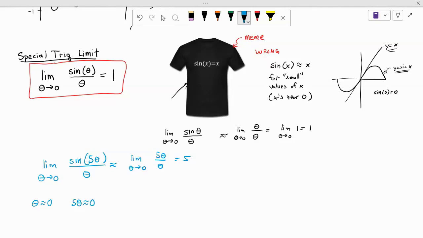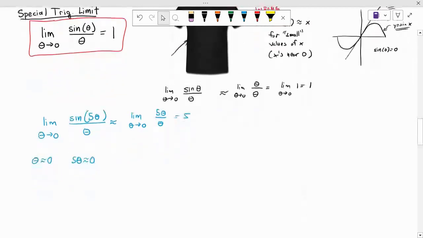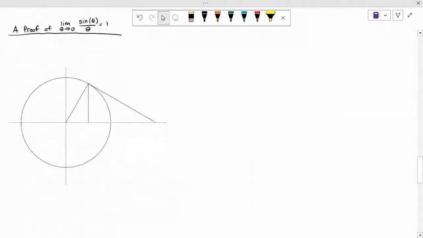Okay. What we want to do is prove this special trig limit using the squeeze theorem with an exercise in trigonometry. All right, so we have a unit circle here. Being a unit circle, we know that the radius is 1.